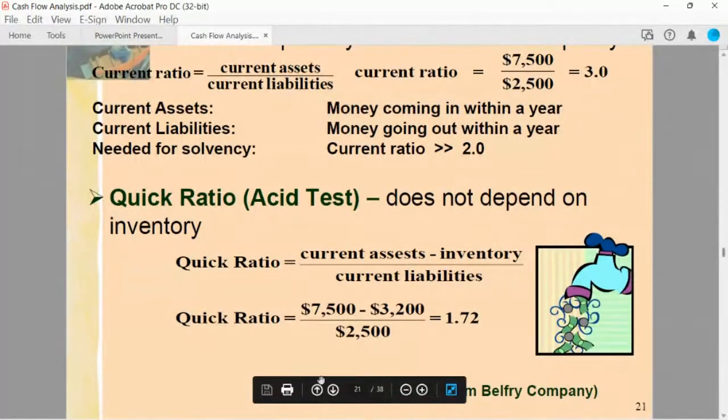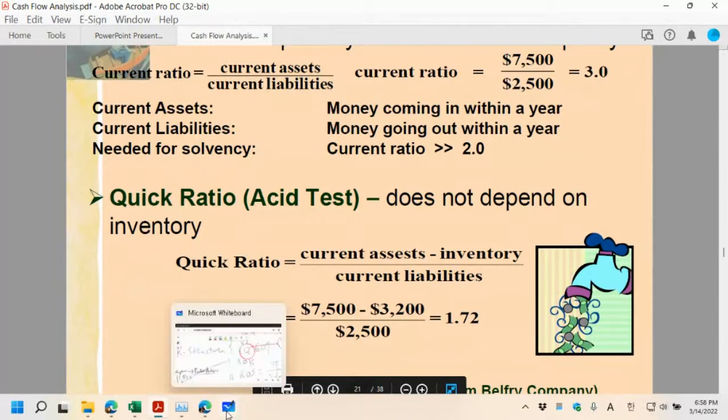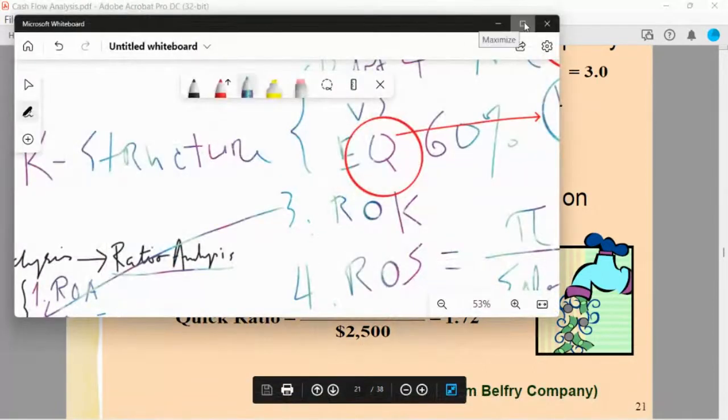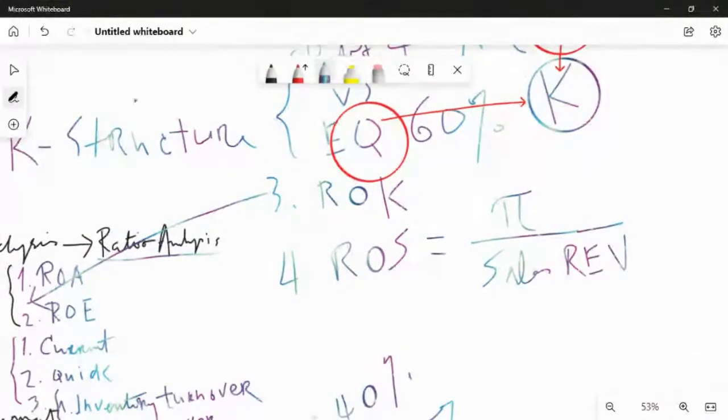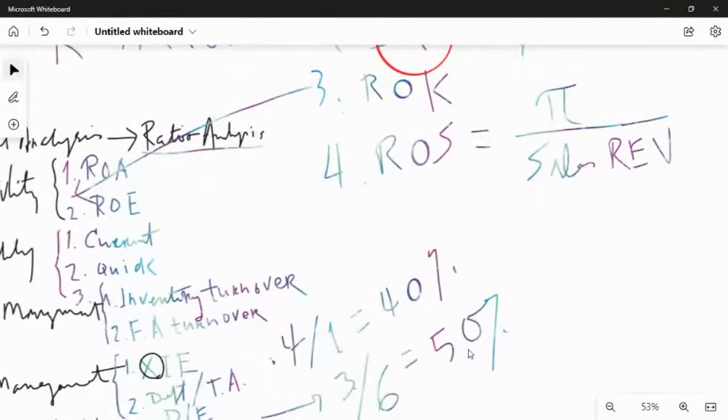So that brings us to this: in the profitability category, we looked into 4 ratio variables, and then there are the liquidity ratios.